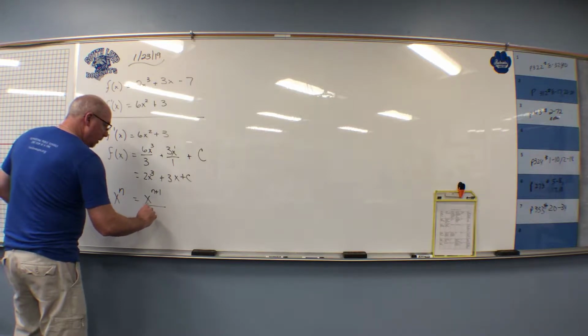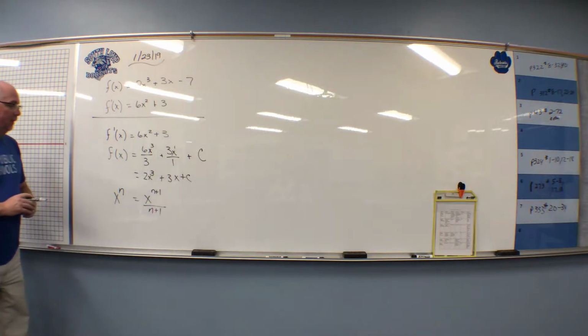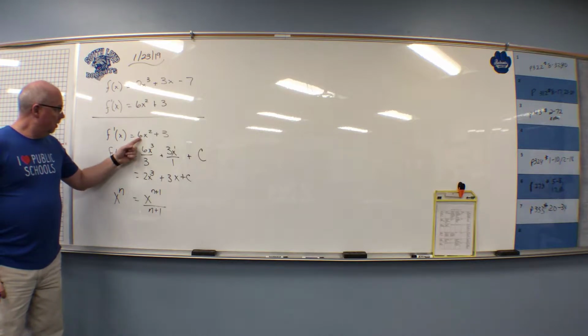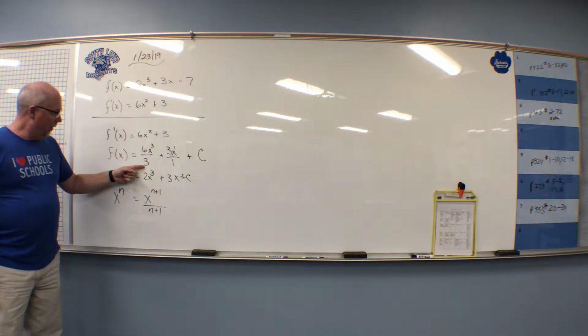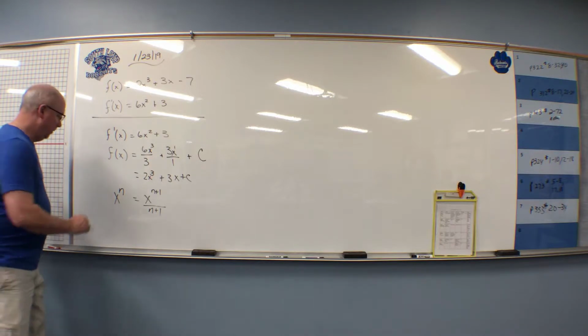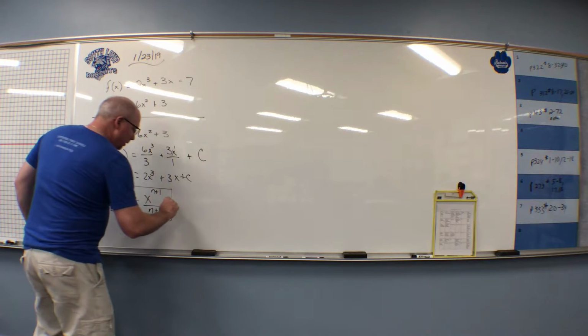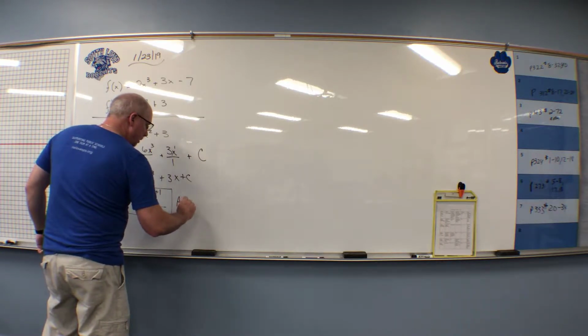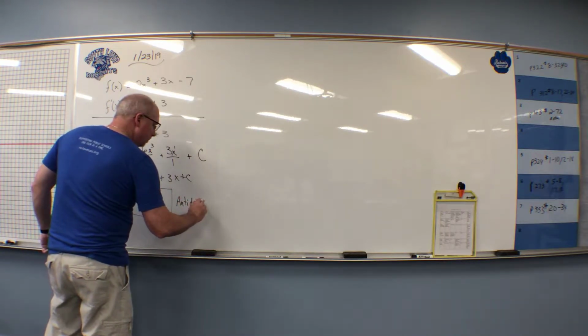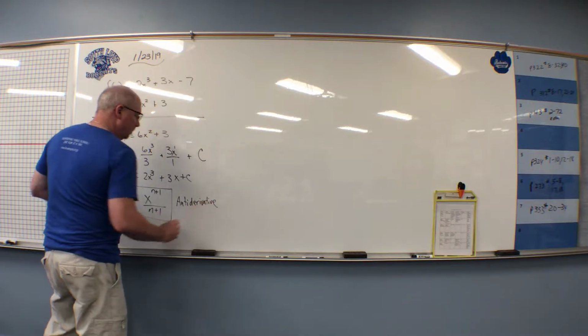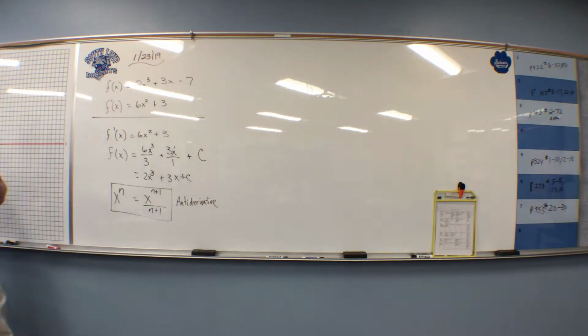Let's look here: we divided by n plus 1, which is 3, and we raised it to the same power. This is a rule that you came up with. This is called an antiderivative. So we're reversing the process. All right?